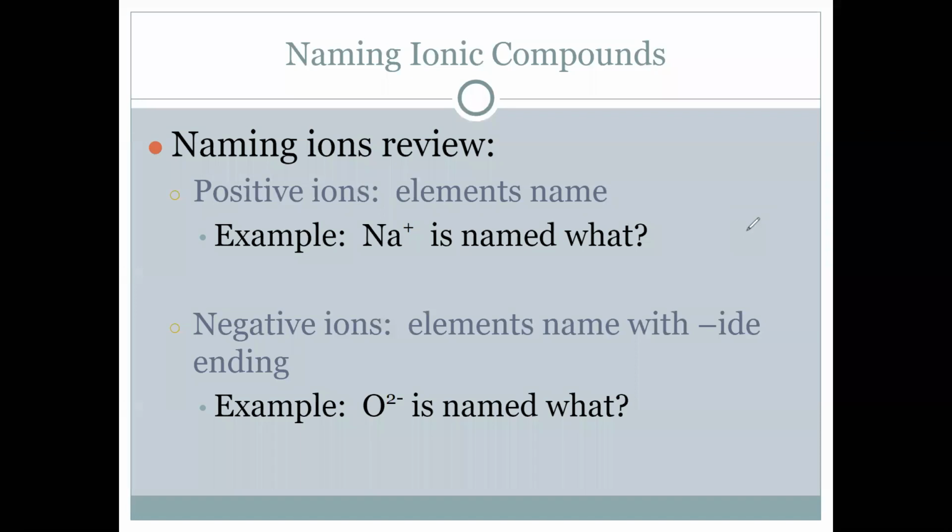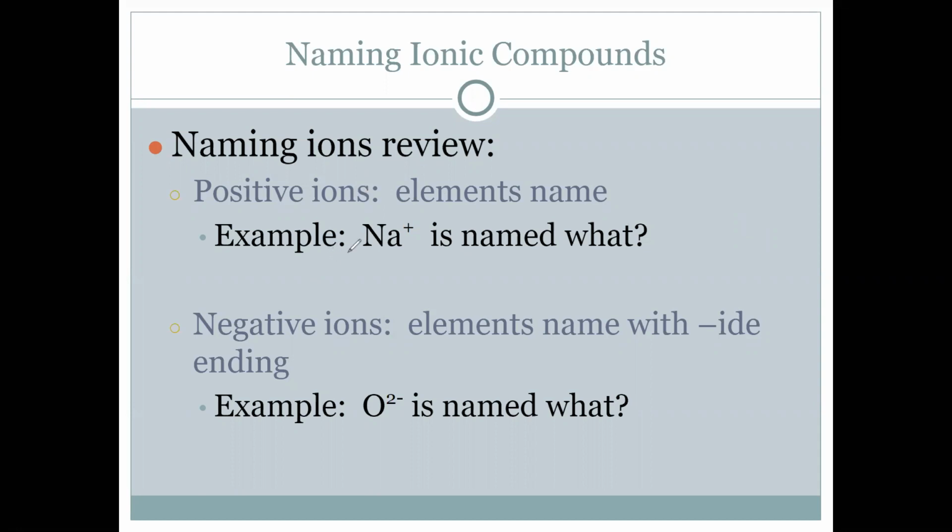So let's talk about naming those ionic compounds. I just taught you how to write ionic compounds, but I did not yet teach you how to name them. We have our positive ions and our negative ions coming together to form compounds. Like I said before, ions that are positive keep their name.